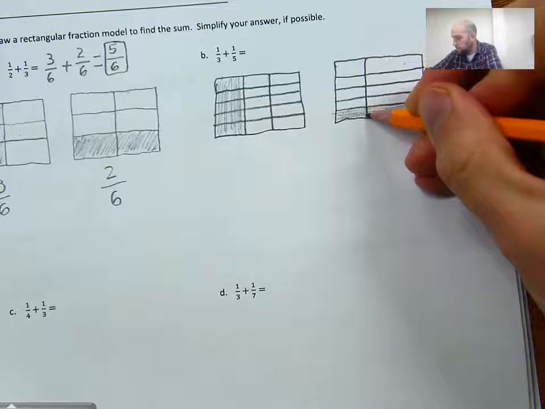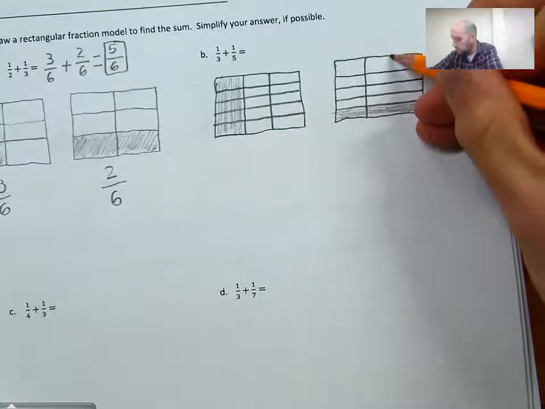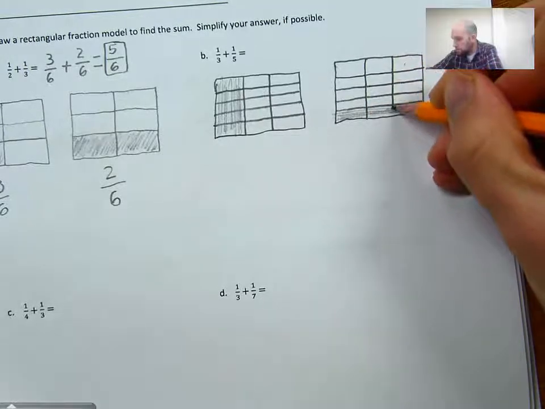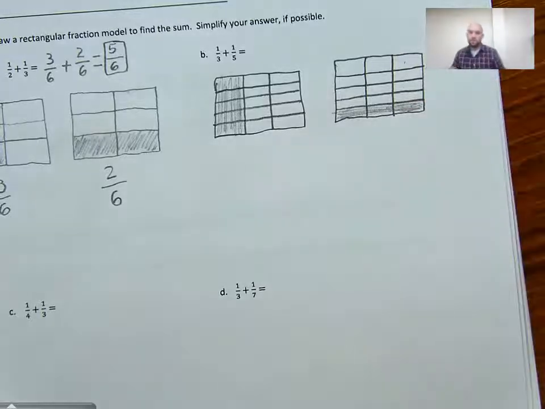Each one of these parts I want to split into thirds. So now I've taken one whole and I split it into thirds. I split those thirds into fifths, and then I took my other whole, I split it into fifths, and I split my fifths into thirds.